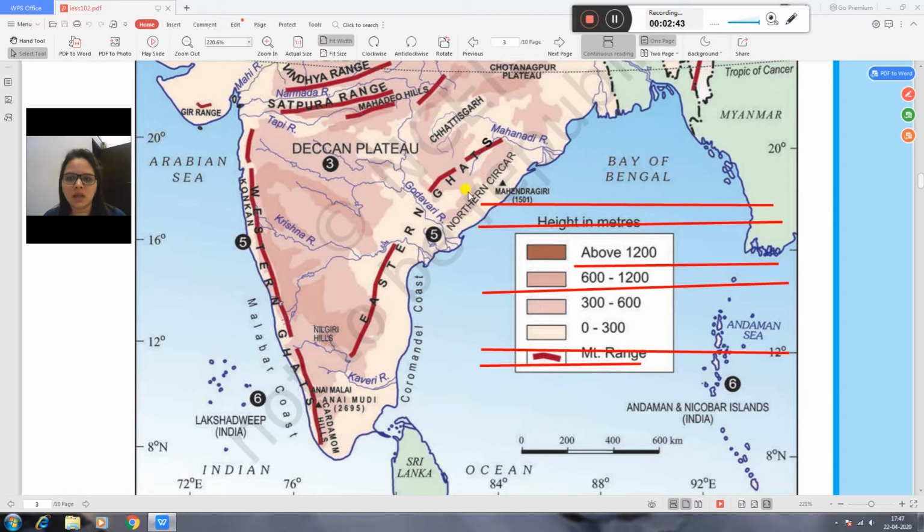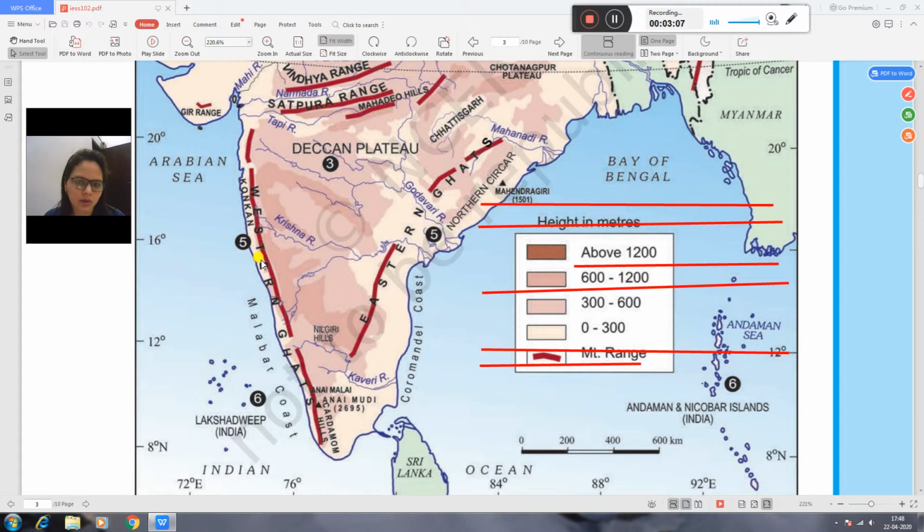Near these water bodies you can see the Eastern Ghat and the Western Ghat. The area between this blue line and this red line is known as coastal plains.